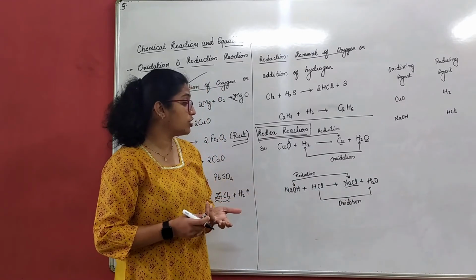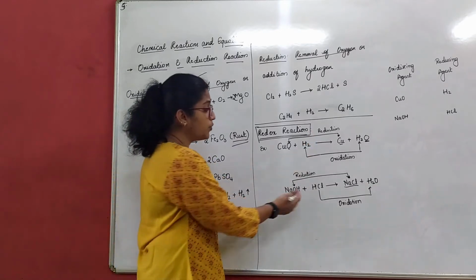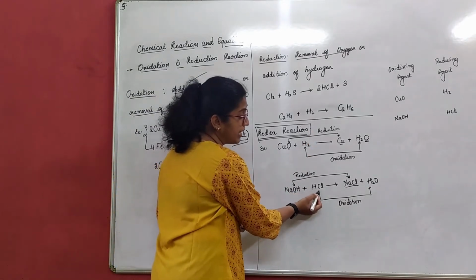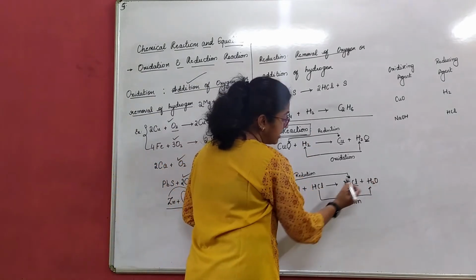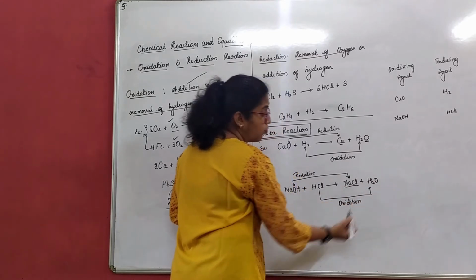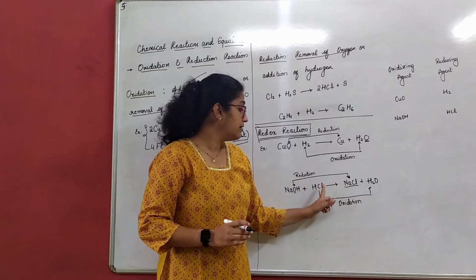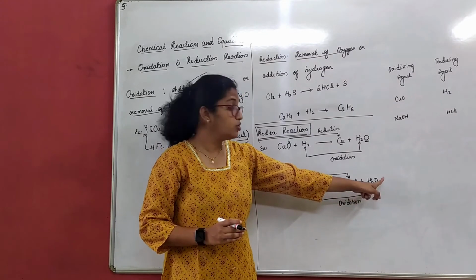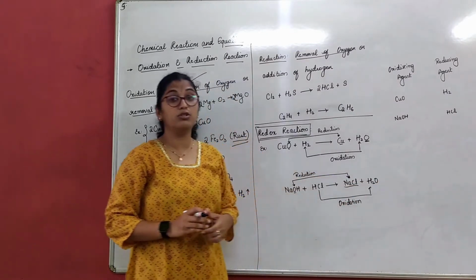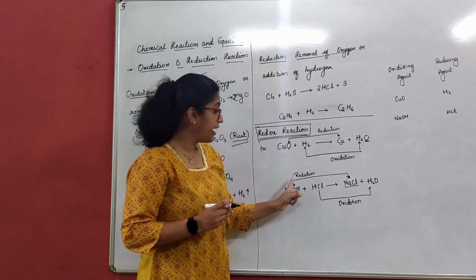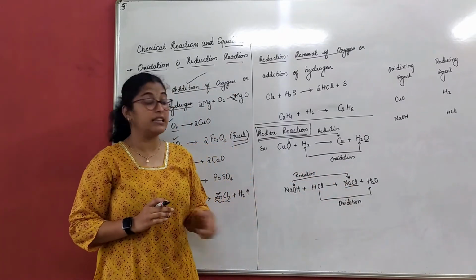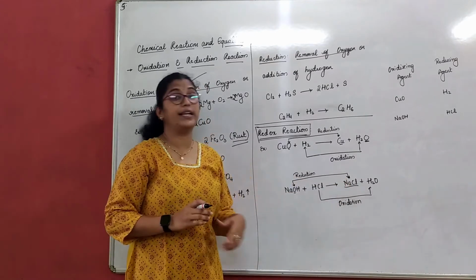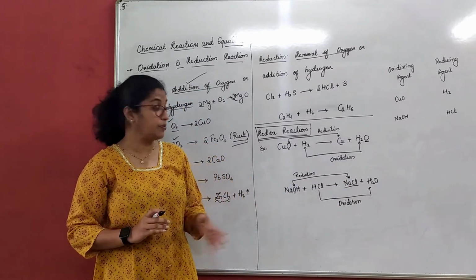Where did the oxygen go? We'll come to it. Next, hydrochloric acid is oxidized here. What water we have got here? To this hydrogen, oxygen is added, right? So we have added oxygen, so it is oxidation. NaOH is reduced to NaCl, so it is reduction.